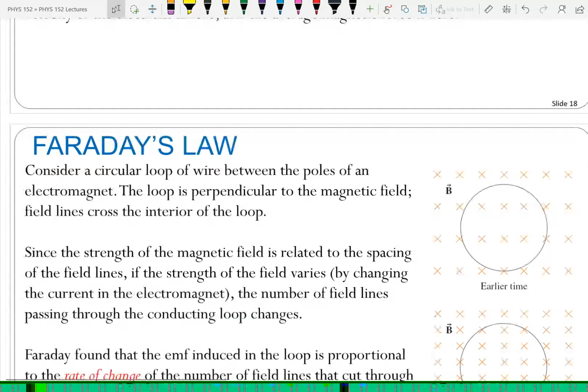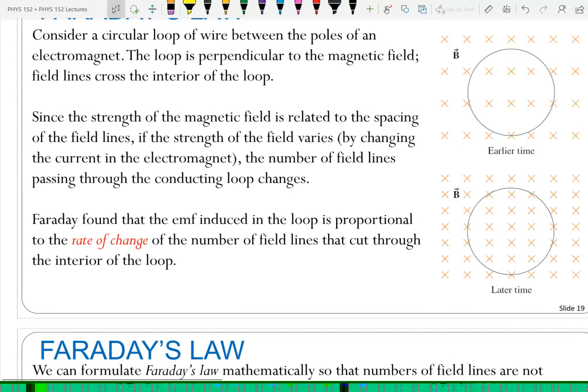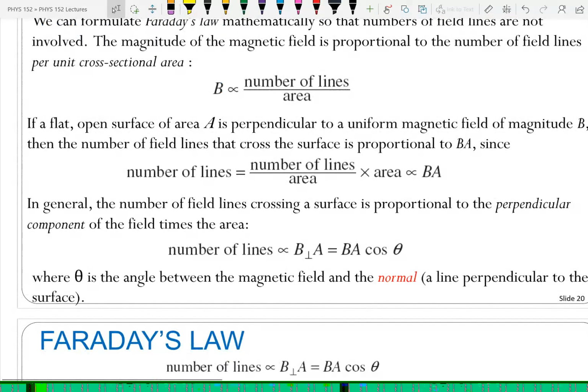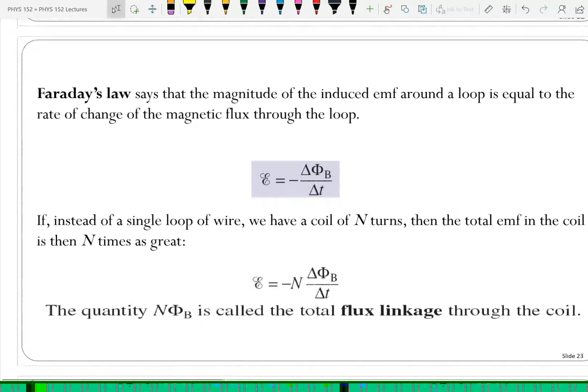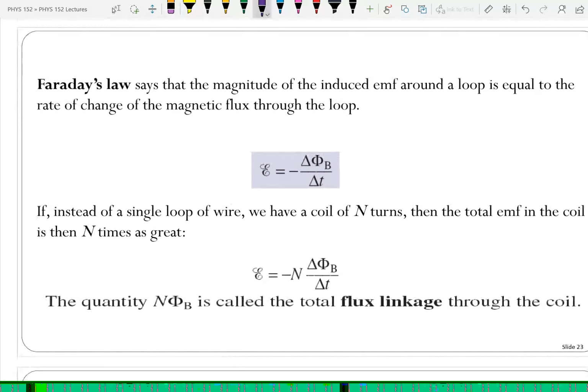So he came up with a law to deal with this. Here's an example of changing magnetic field. You have the same size loop and the magnetic field gets stronger. I'm just going to go straight to the law, maybe. Here's the law. Faraday's law of induction, this thing in the purple box, says that the voltage produced is minus.